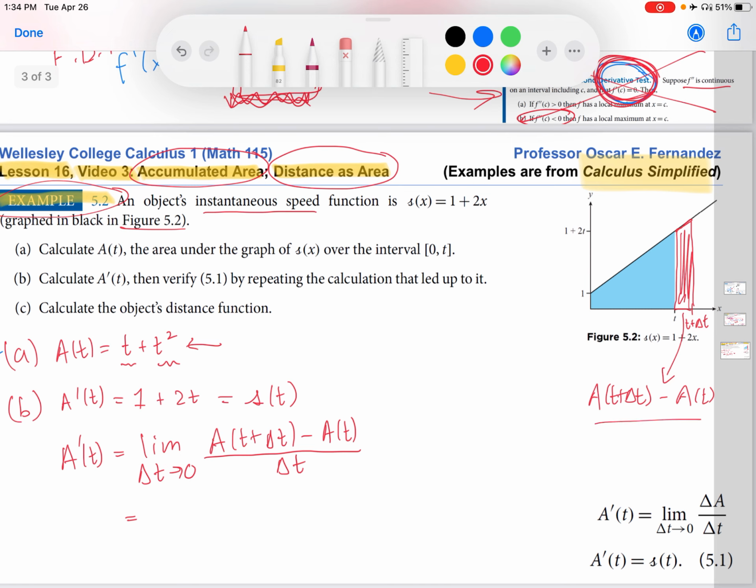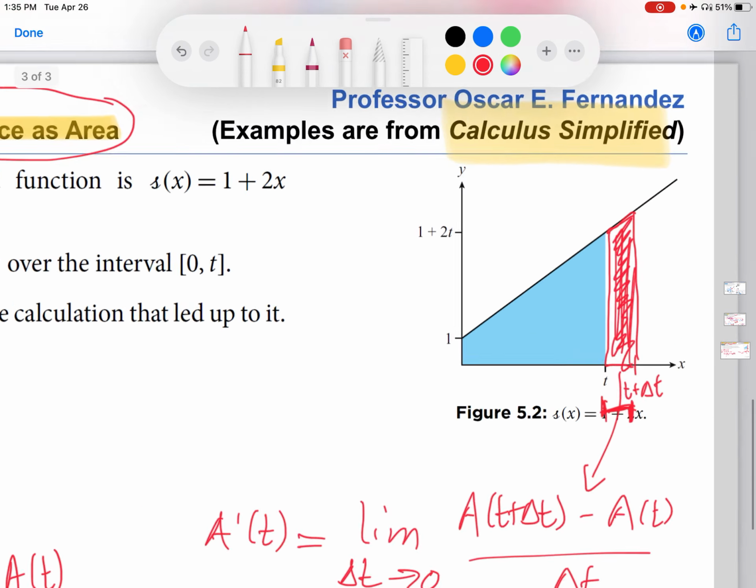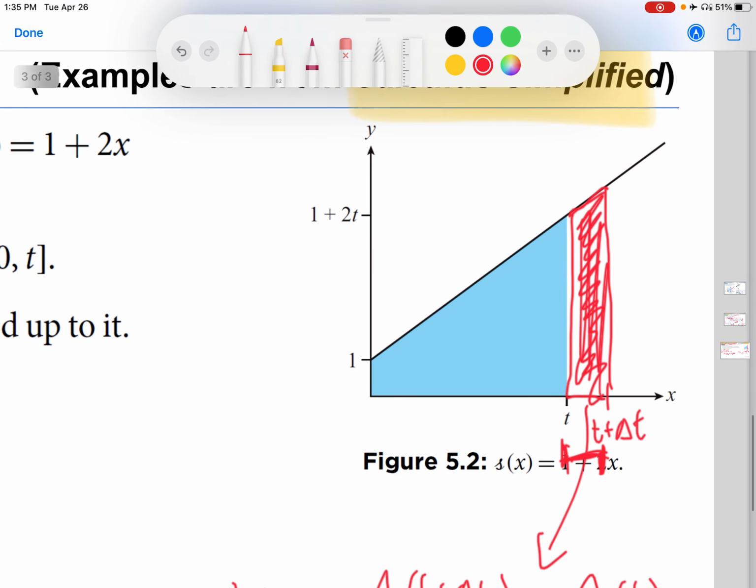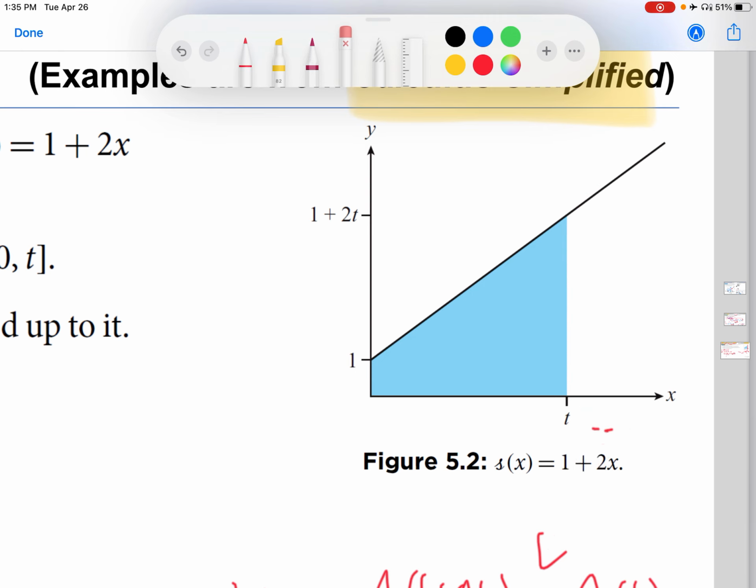And then if I divided by delta t, if I divided this red colored area by the length of this delta t, right? And I took the limit as delta t went to 0, well, on the one hand, I get a prime of t. On the other hand, if I zoom in here you can see as delta t gets smaller and smaller and smaller, what I end up getting is something that's very, very close to t, right?